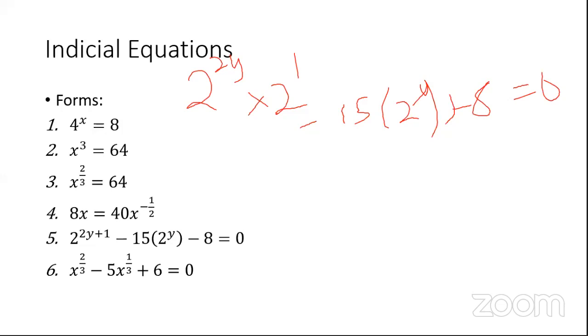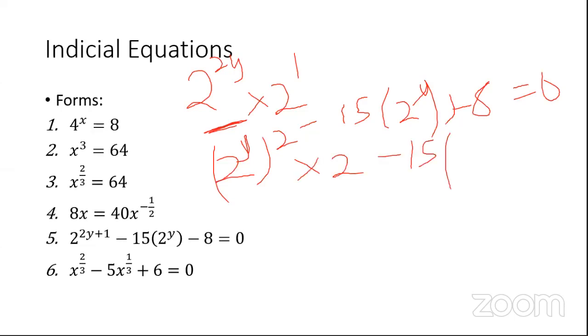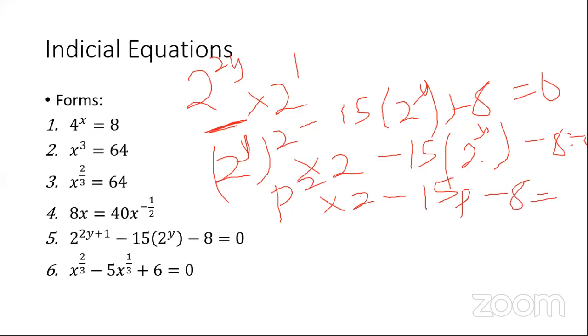We can rewrite this one as 2 raised to power y, also raised to power 2, times 2, minus 15 times 2 raised to power y, minus 8 equals 0. So anywhere you see 2 raised to power y, we can put p there. So I have p squared times 2 minus 15p minus 8 equals 0.